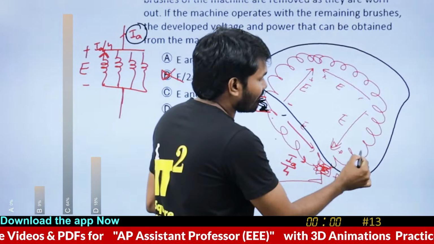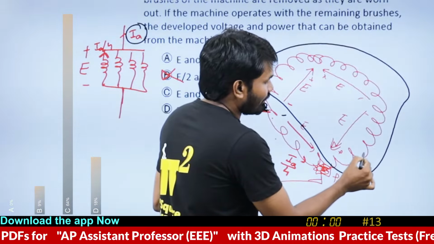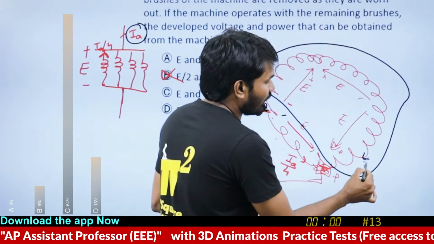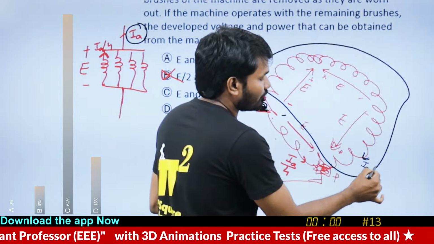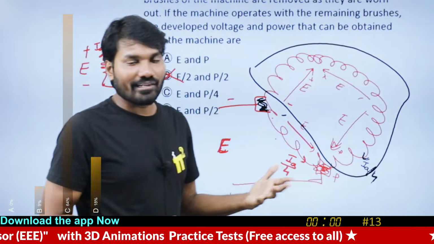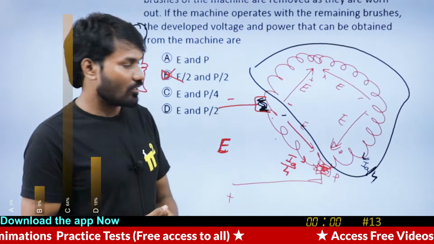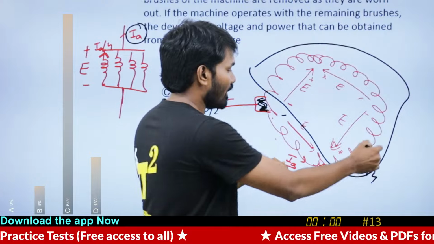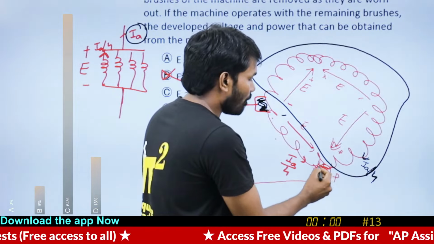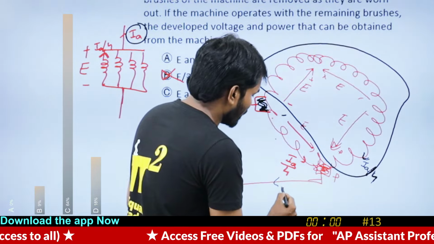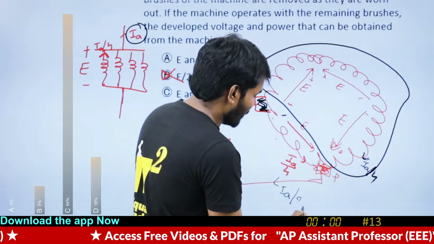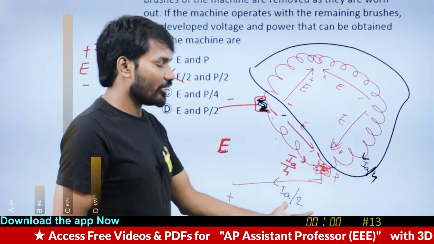So we are restricting the current in this conductor to only IA by 4, because beyond that it would cross the current capability of each conductor. So this is IA by 4, this is IA by 4. Applying Kirchhoff's current law, you get IA by 2 current here.